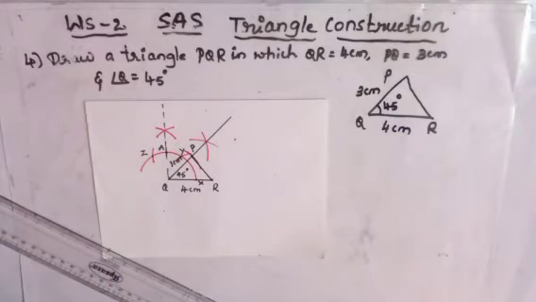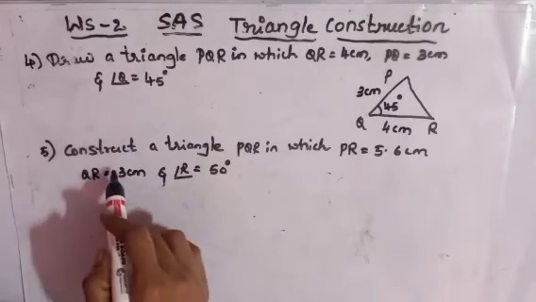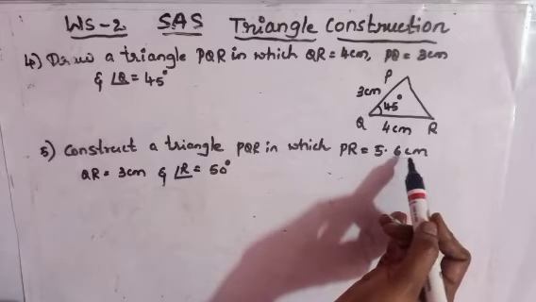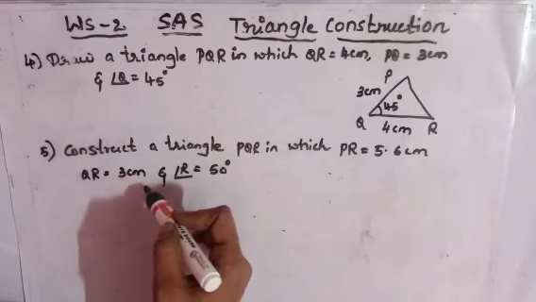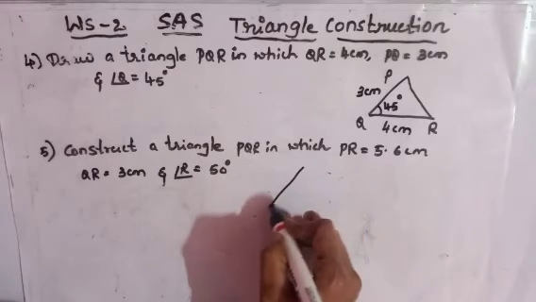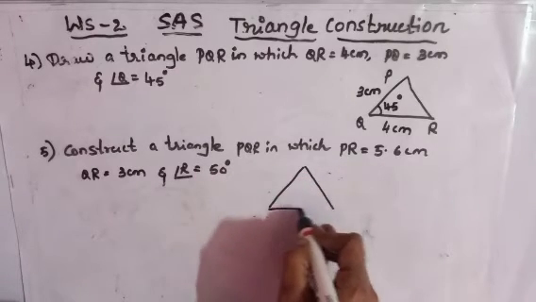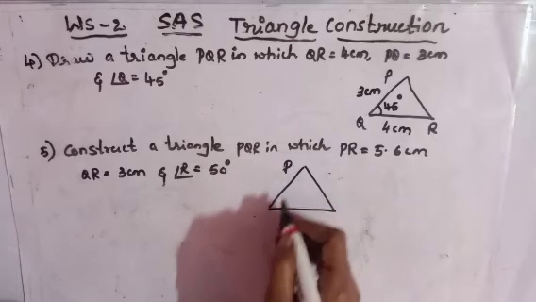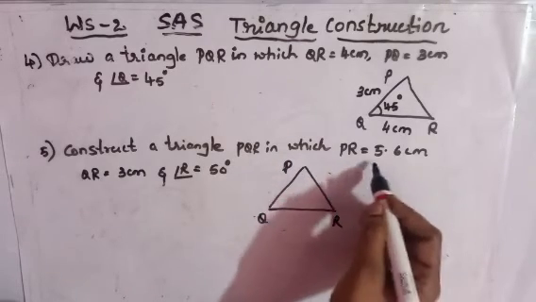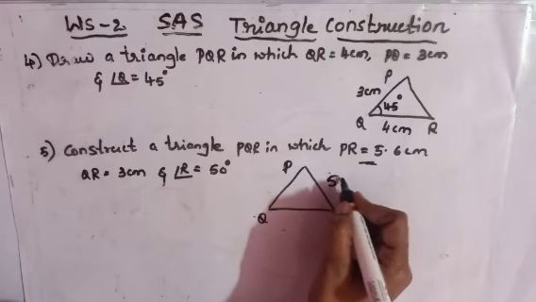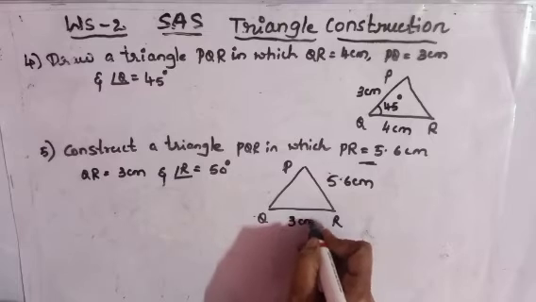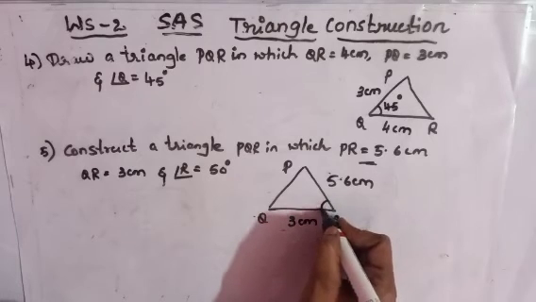So let us solve the next one. Construct a triangle PQR in which PR is 5.6 centimeter, QR is 3 centimeter and angle R is 50 degree. First let us draw a rough figure. We have triangle PQR, where PR is 5.6 centimeter, QR is 3 centimeter and angle R is 50 degree.